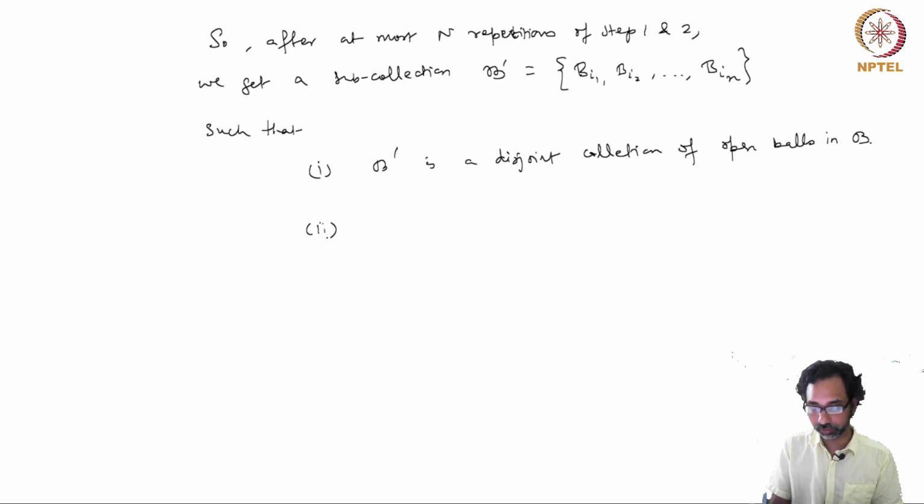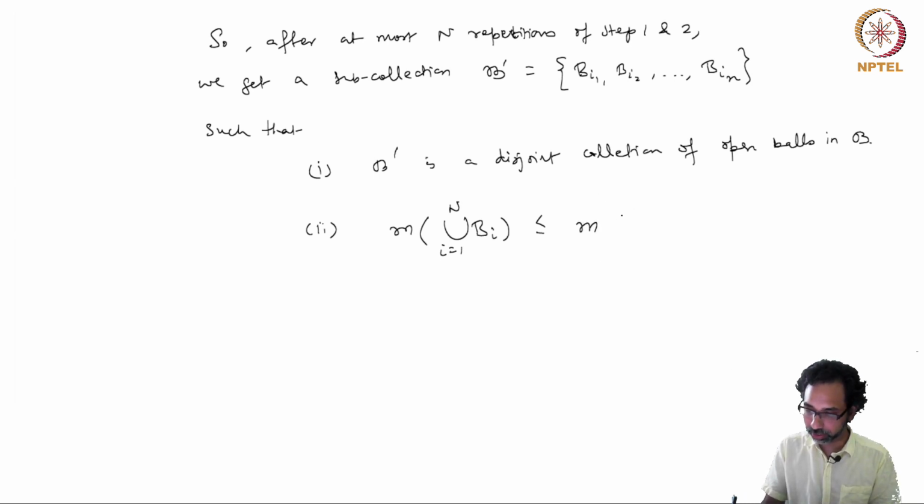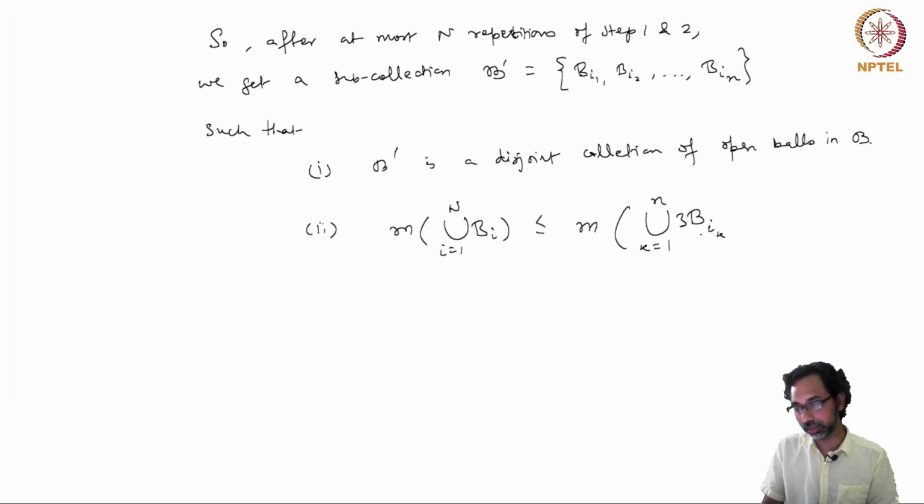And secondly, we have that the measure of the union bi, I from 1 to n, this is less than or equal to 3 to the power d times, well, let me write this first. This is less than or equal to the union k equal to 1 to n, the ball with the same radius as bi1 but with 3 times bik, but with 3 times the radius.